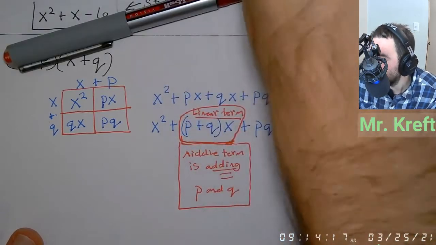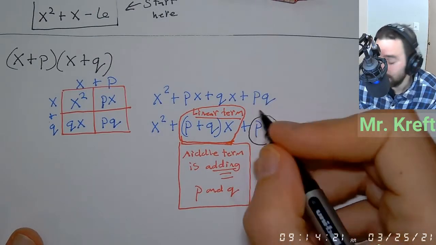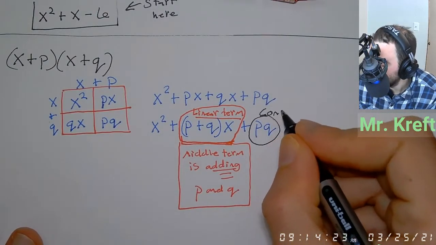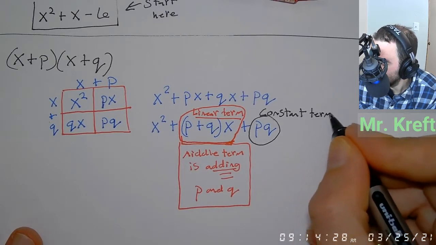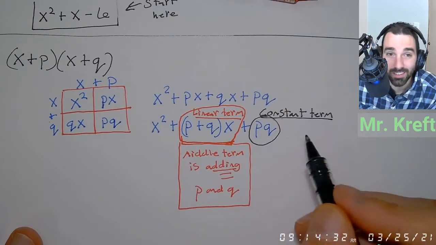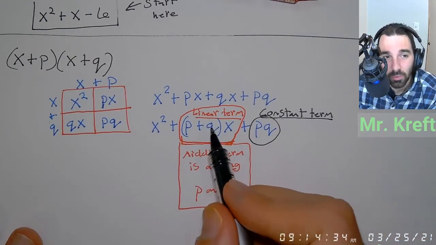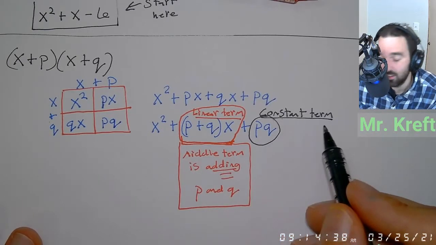But then take a look at this last term. Now this last term, the fancy name is called a constant. Again, you don't need to know that, okay? So that's called a constant term because it's a number and it doesn't change, right? So x changes, it's a variable. This has no x in it, so it's called a constant term.